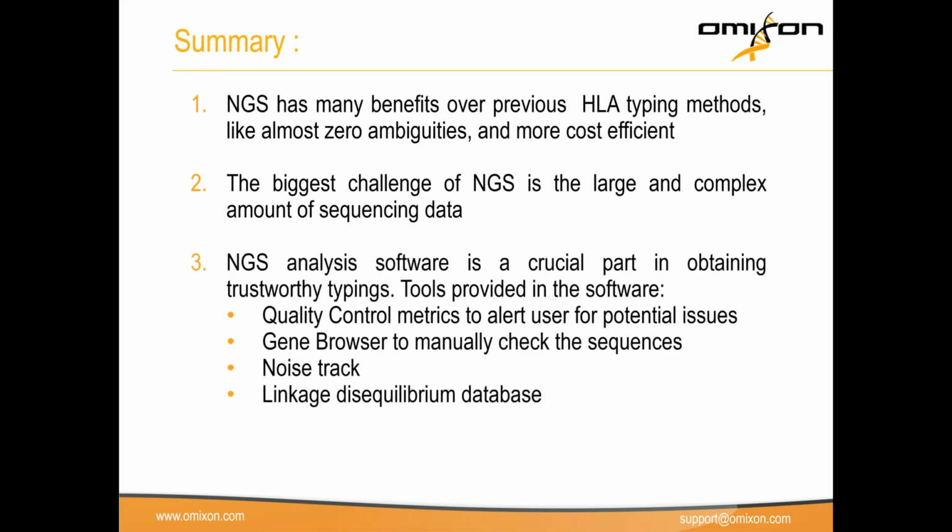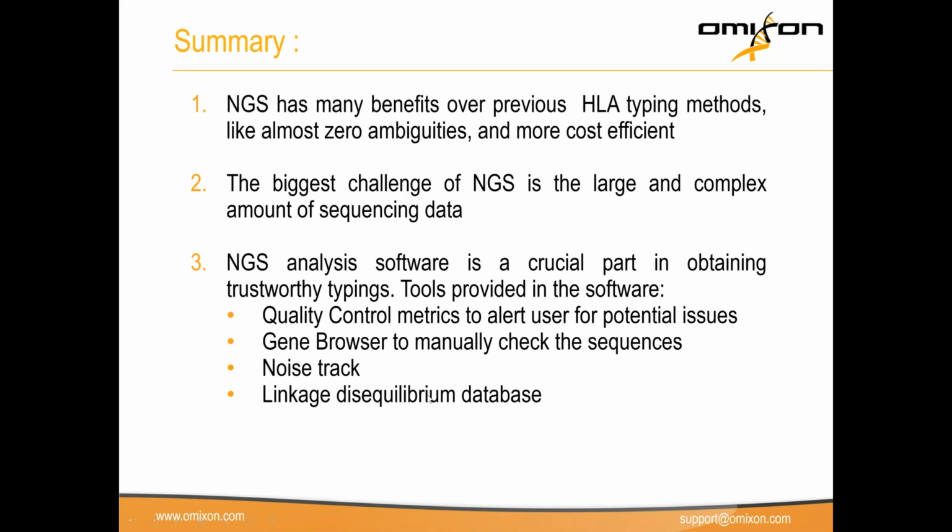And then I showed you that it's very important to have the correct tools. So I showed you tools in the software like the quality control metrics to alert the user to a potential issue, to guide you towards that issue, and to help you make a decision. I showed you the gene browser to manually check your sequences, to check the coverage, and to potentially confirm a novelty.